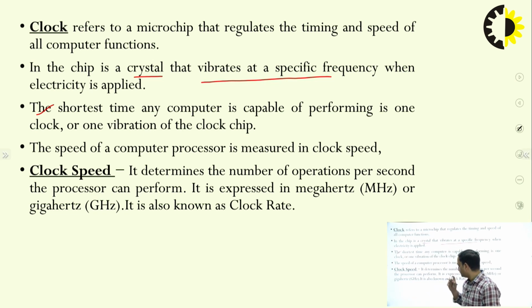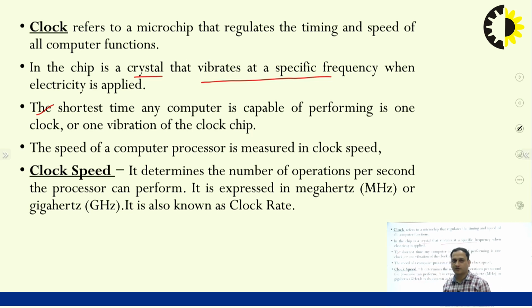The speed at which the computer processes is the clock speed. Clock speed determines the number of operations per second. It can be expressed in megahertz, gigahertz and so on. This is called the clock rate as well.